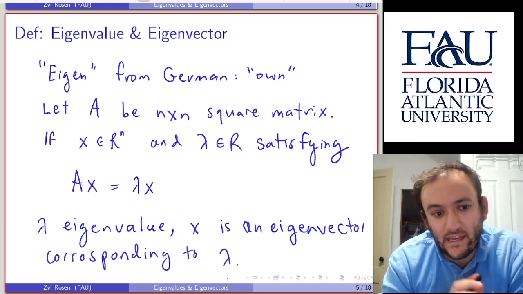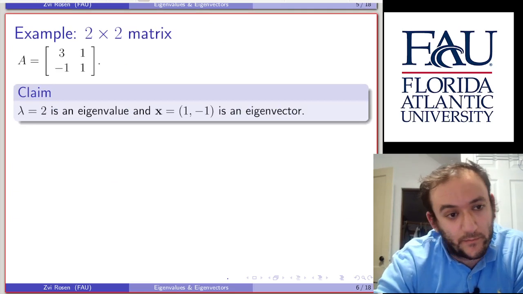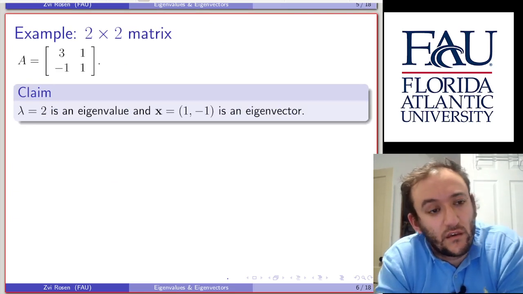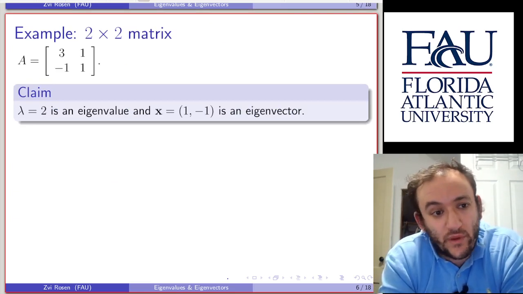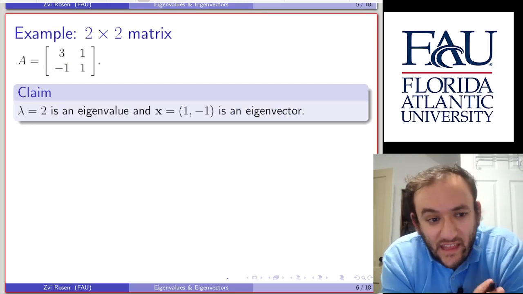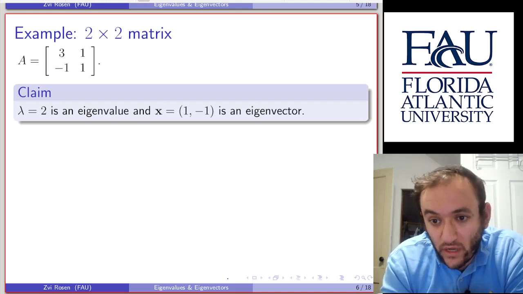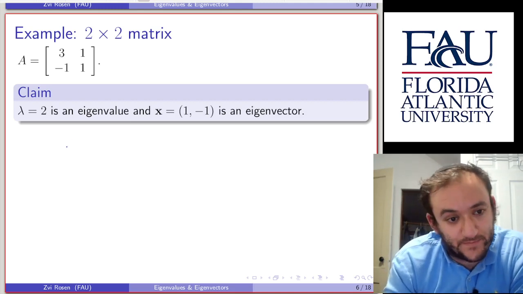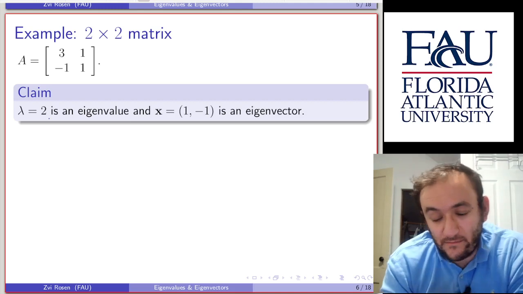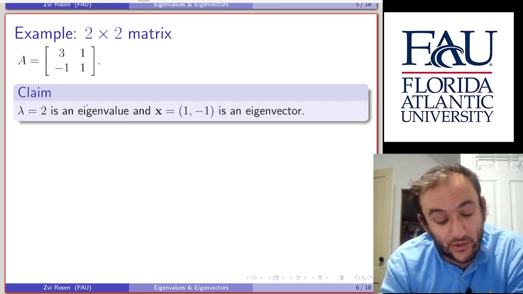Okay, let's see an example of this at work. So we have a matrix A equals [3, 1; -1, 1], and I'm going to claim that lambda equals 2 is an eigenvalue, and the vector x equals (1, -1) is an eigenvector. And how can we check that this is true?